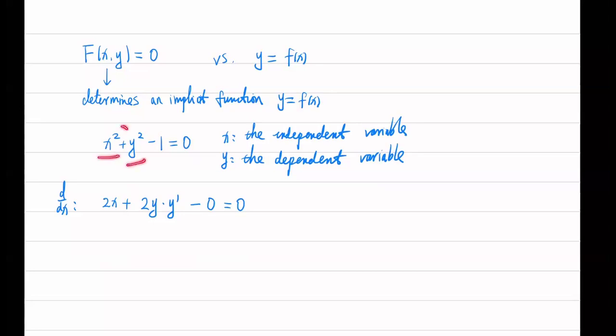Both are squares, but the derivatives have different forms. X squared goes to 2x. Y squared goes not just to 2y, but with a term of the derivative of y. That's the implicit differentiation. Now you see the difference.